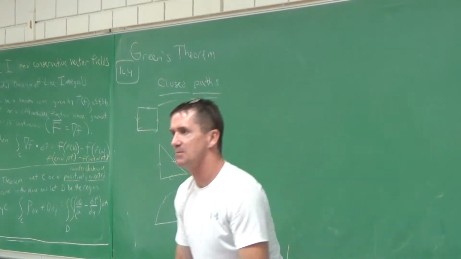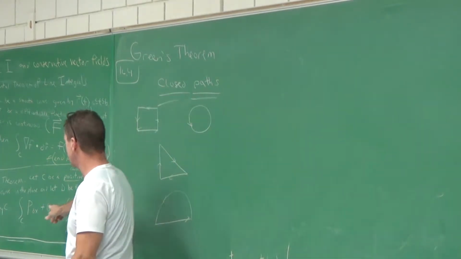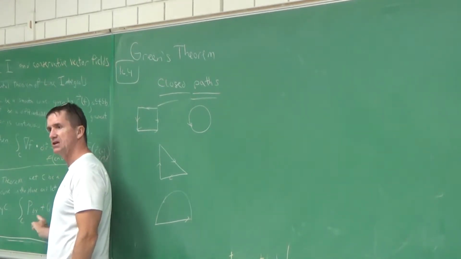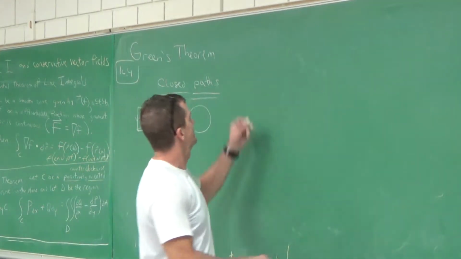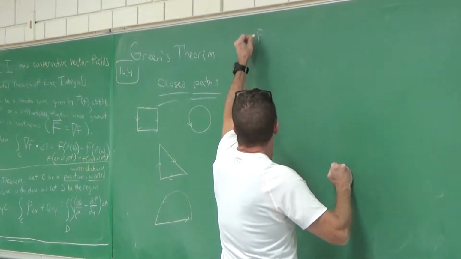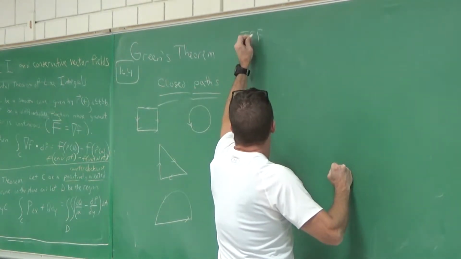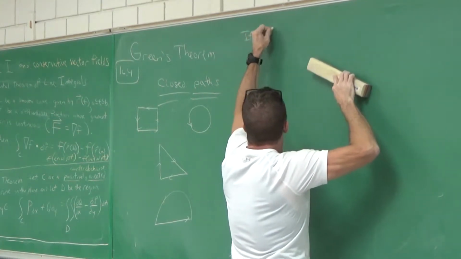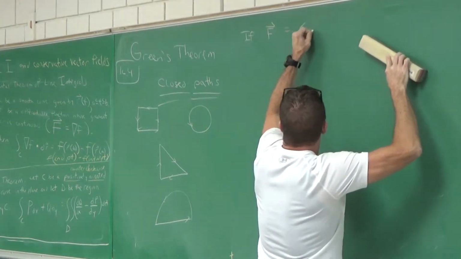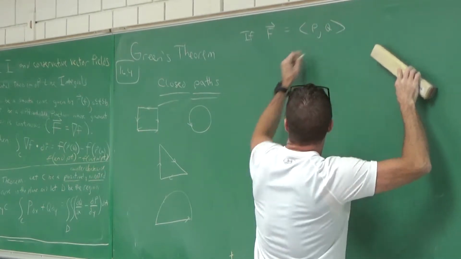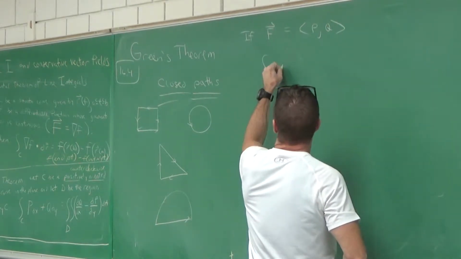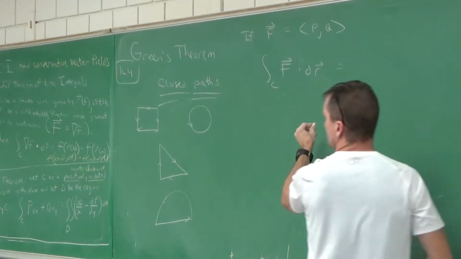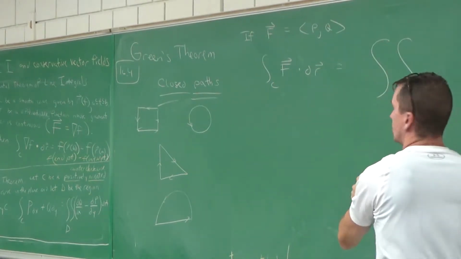He's got an awesome, awesome theorem that says, if the P and the Q are the P and Q components of the vector field, let's just call this P and Q, the line integral will always equal a double integral.